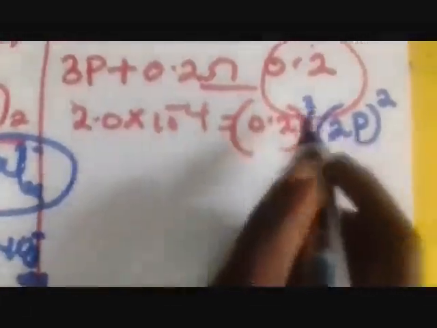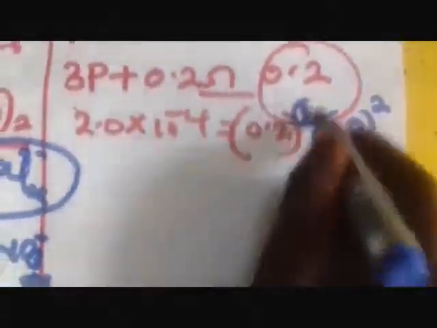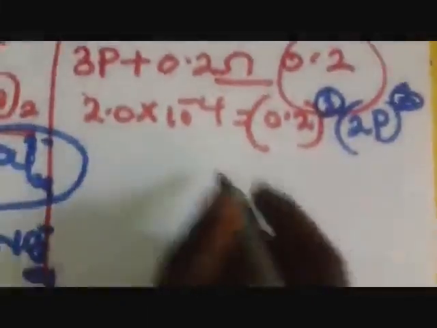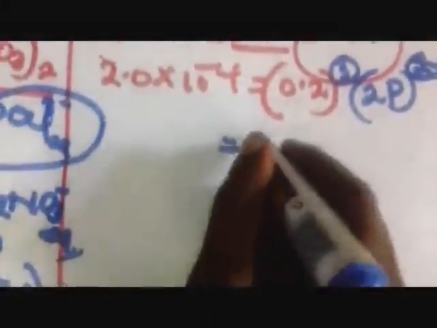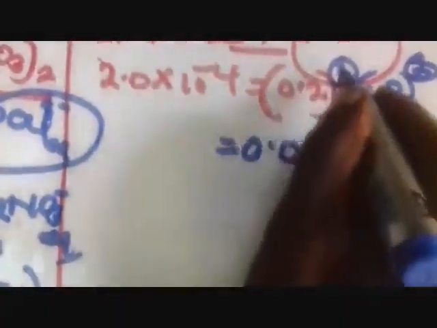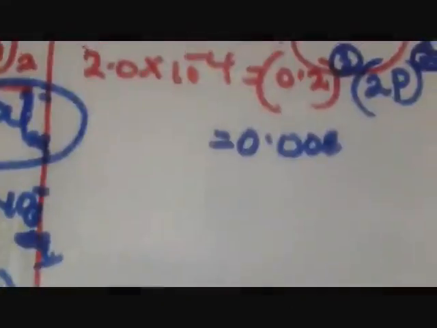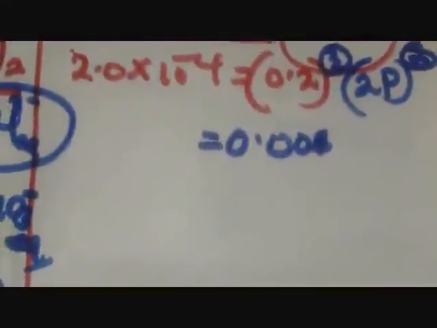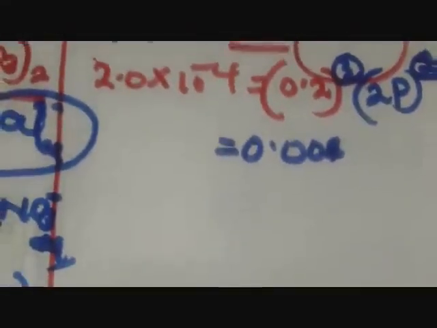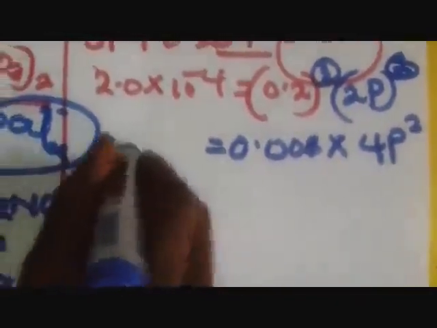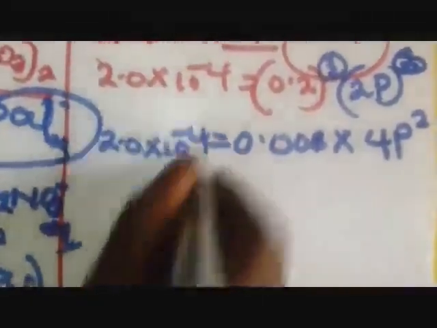After raising the powers properly, when you cube 0.2 we have 0.008. You can get a calculator and press it, you are going to arrive there. Then times 4p squared, then this one equals 2.0 times 10 to the power negative 4.